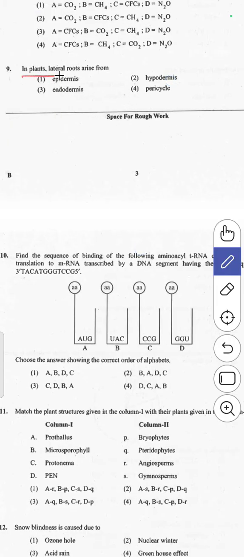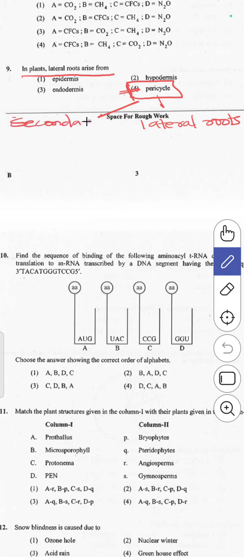In plants, lateral roots arise from. So it is a direct question. These lateral roots arise from the pericycle. This pericycle takes part in the formation of lateral roots, and also in the formation of secondary growth in plants.